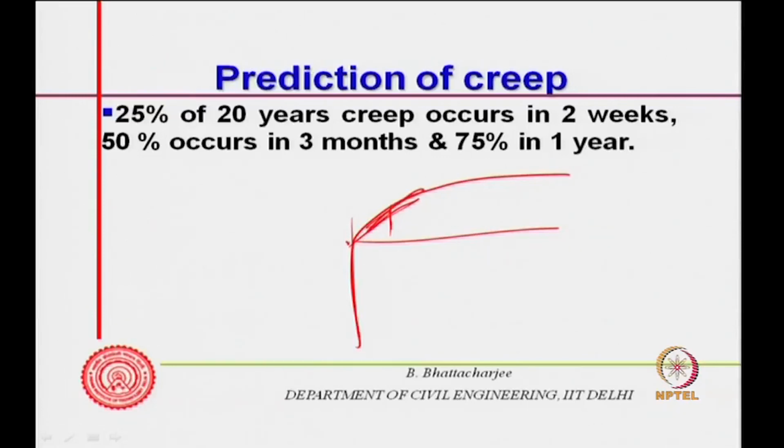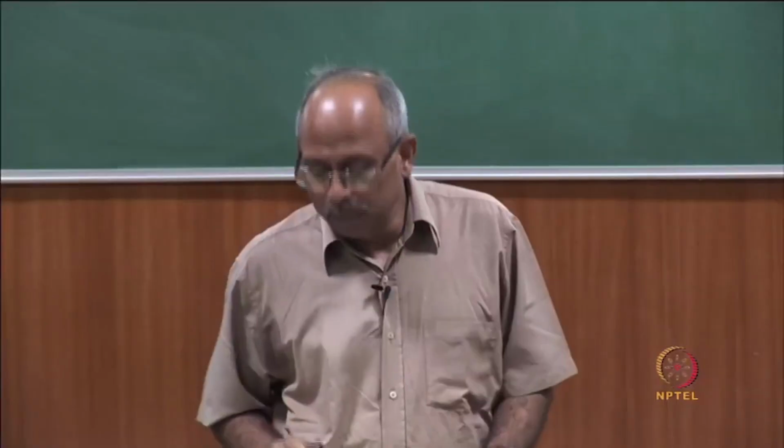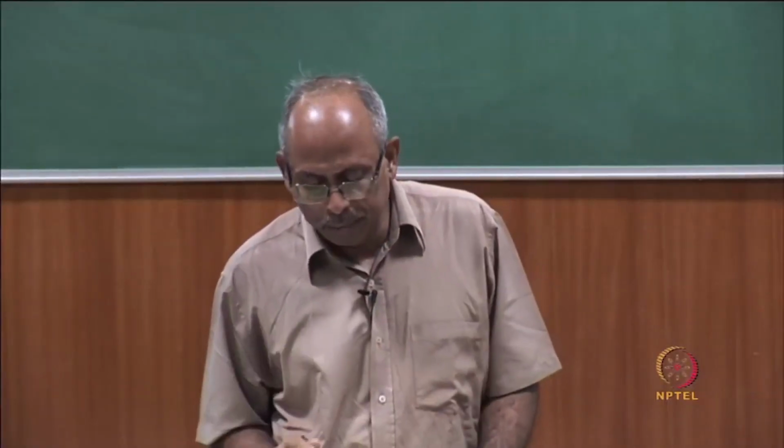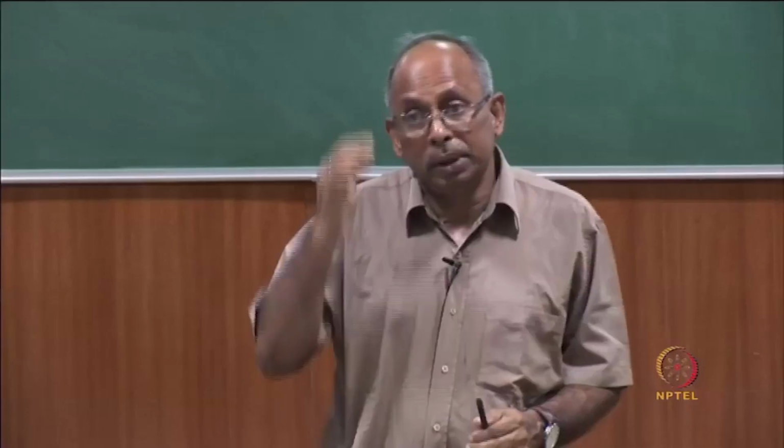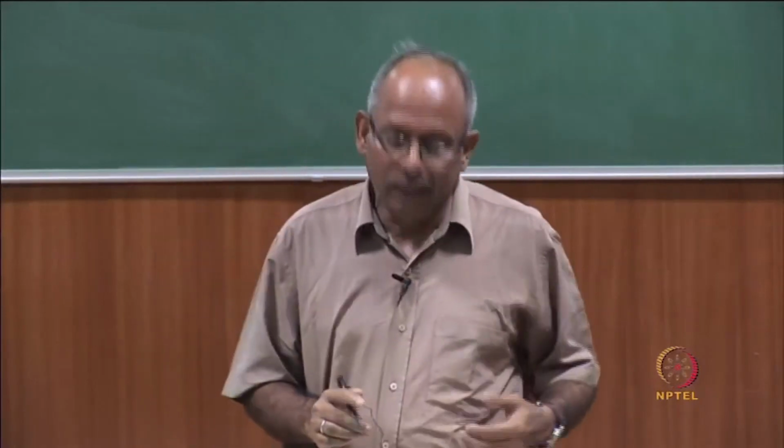So, 25% of 20 years creep occurs in 2 weeks, 50% occurs in 3 months, and 75% in 1 year. So, most of the creep seems to occur within the first 1 year, 75% of 20 years. So, it is asymptotic behavior later on. Therefore, gradually with time, creep will actually reduce down.